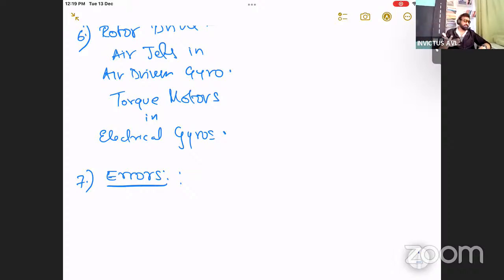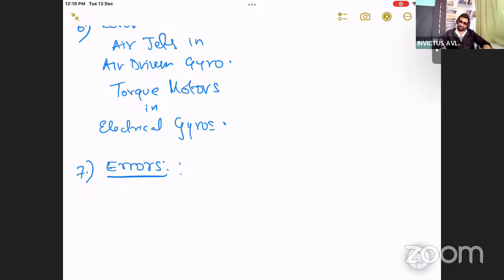If it has, then I have to be aware of these errors so that I don't get fooled by the reading of the instrument. So there are many errors. Some of the errors are common for all gyros. Some of the errors are dedicated or focused only on specific gyros. Although the explanation is not going to be discussed now, I'll make sure to keep it written somewhere so that we steal some time and do a quick session on the errors sometime later in future.